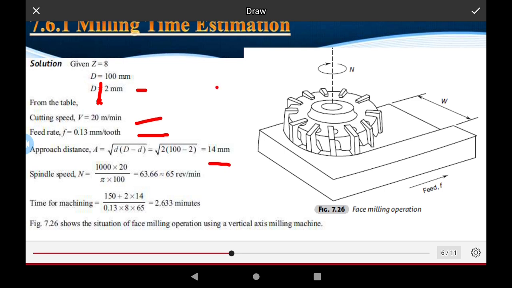And the spindle speed: the formula used is v equals pi D N upon 1000.